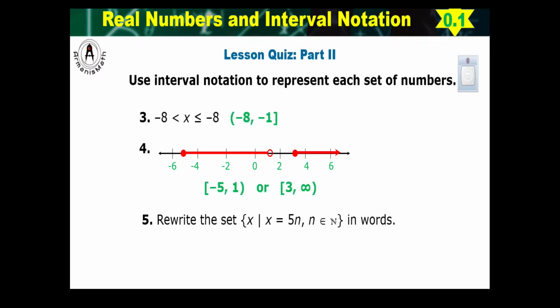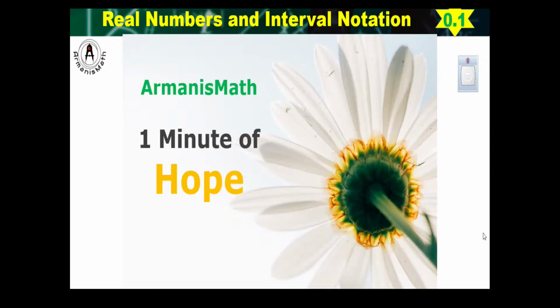As we always do, we have 1 minute of hope with Armani towards the end. Today's word of encouragement and hope is we are not going to give up. Thank God for His grace, for the rain, a very shallow few drops a couple nights ago, and it was really helpful to clear up the air after these fires and wildfires and the heat wave that we're in.